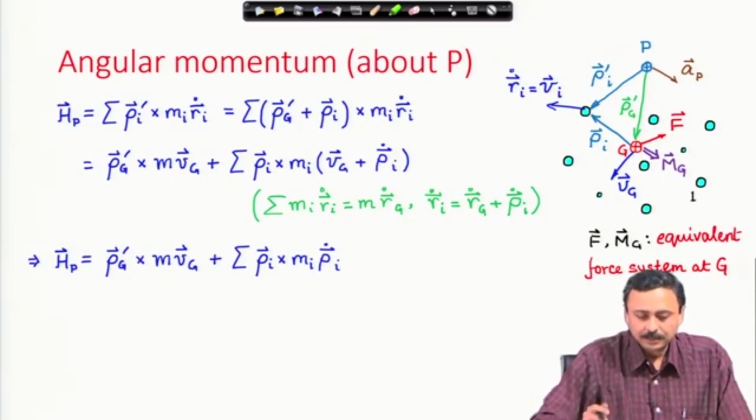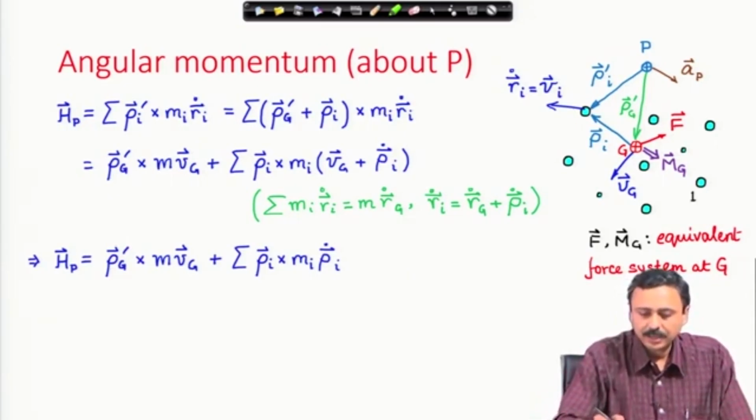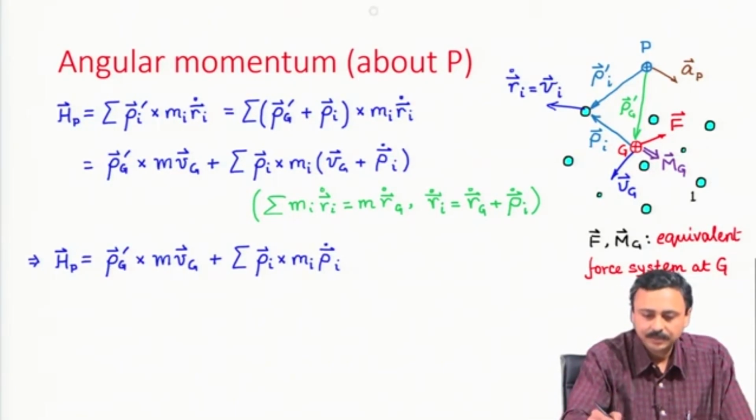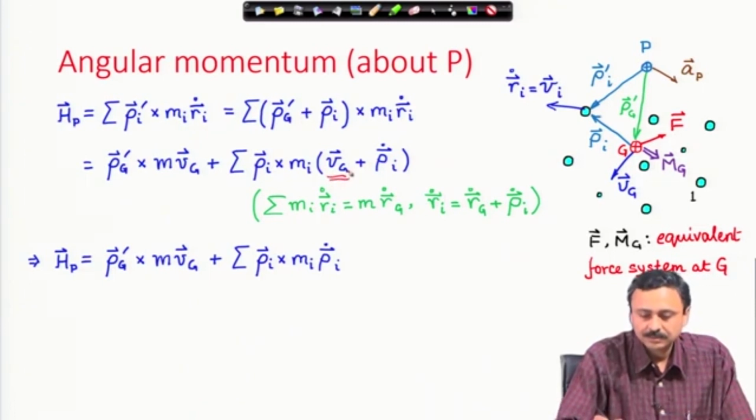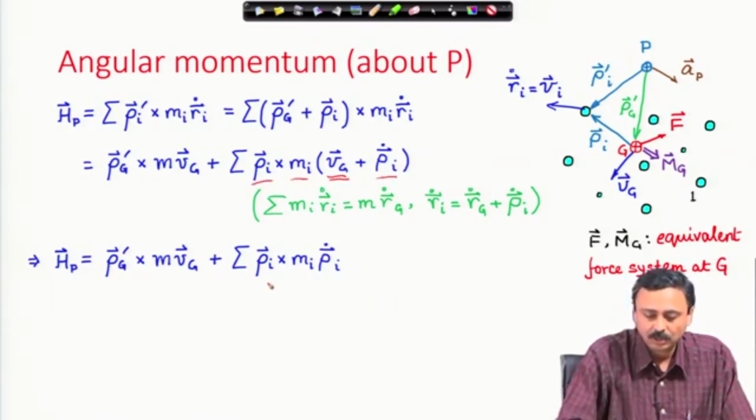Now, if I use these things in my expression of angular momentum about P, the first term, this does not have anything to do with this summation. Therefore, I get summation of m i rho i, which is 0. Therefore, what I am left with is only rho i cross m i rho i dot.